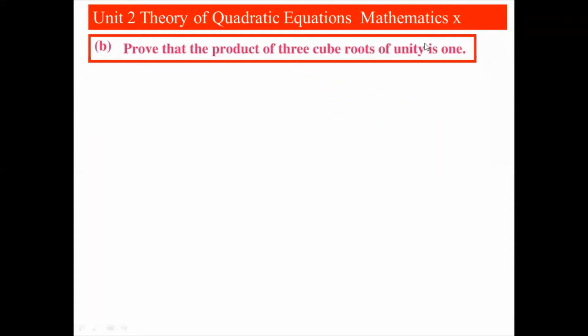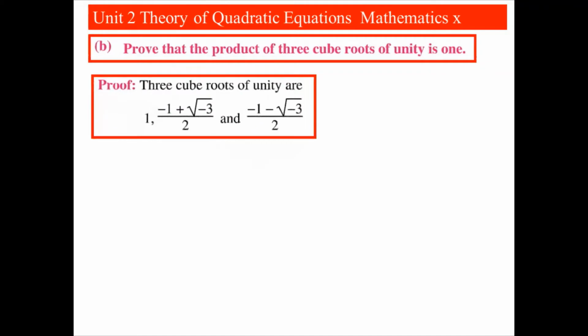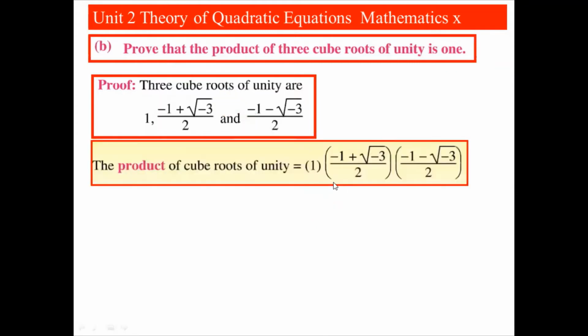The second property, prove that the product of three cube roots of unity is 1. The three cube roots of unity are 1, minus 1 plus square root of minus 3 divided by 2, and minus 1 minus square root of minus 3 divided by 2. When we take the product of these cube roots of unity, we have this form. When we multiply this with this one, this is equal to this.